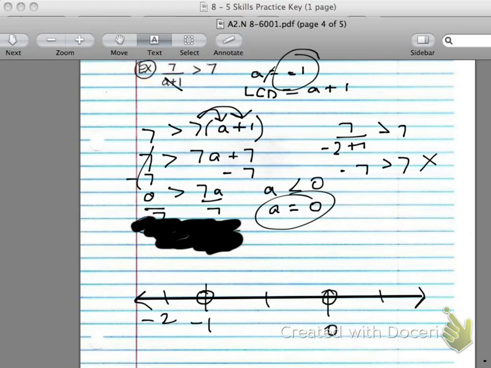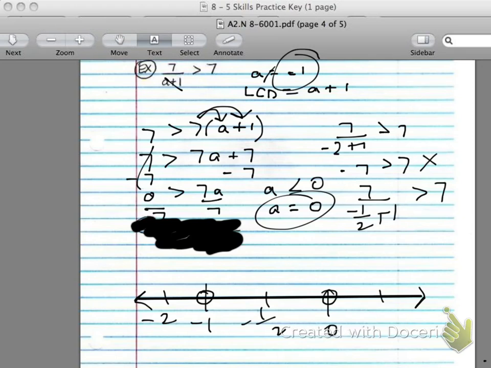It doesn't work. So then I go to my next region, and I'm going to use -1/2. It's got to be negative because it's in between. It's less than 0, so we'll use -1/2. So now I put in 7 over -1/2 plus 1 is greater than 7.